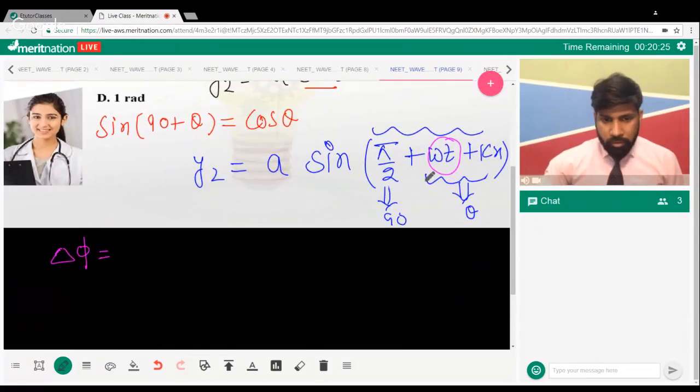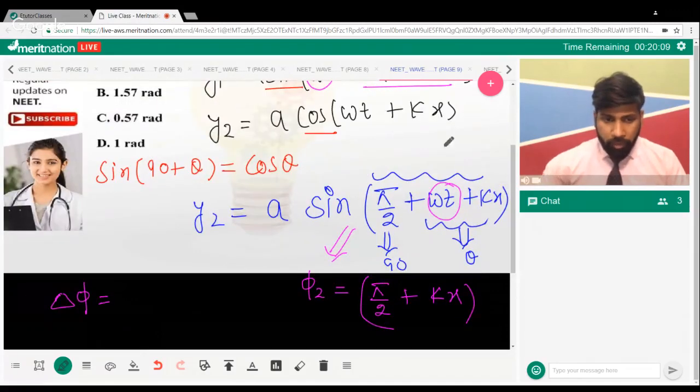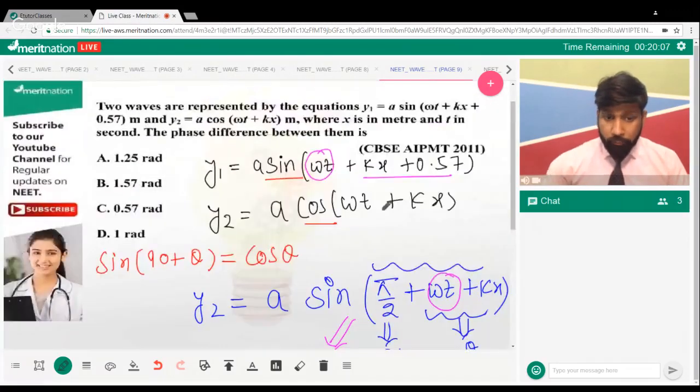From this question, phi 2 is 90 degrees, or pi by 2, so phi 2 is pi by 2 plus kx. What about phi 1? From the first equation, phi 1 is kx plus 0.57.